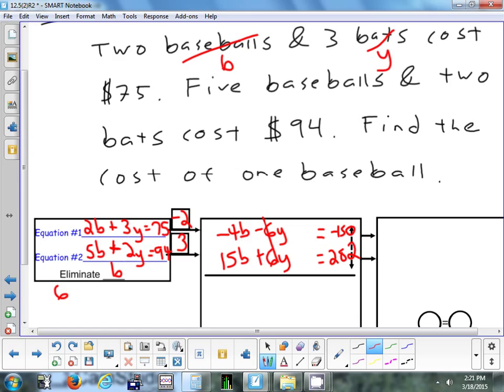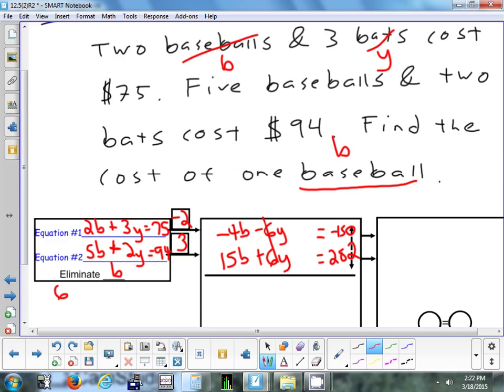Guys, listen. Remember, we're asking for baseballs, right? We're asking for B. If we would have eliminated, like Justin said, the B's, we would have eliminated the baseballs, which we're trying to solve for. We could have done that, but we would have had to do another step.